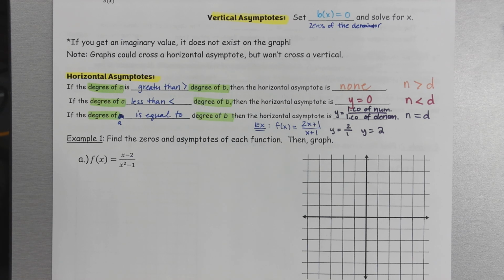All right, so for part A, what I want you to look at is the degree. Is the degree of the numerator greater or the degree of the denominator greater? And do we need a refresher on how to find the degree?